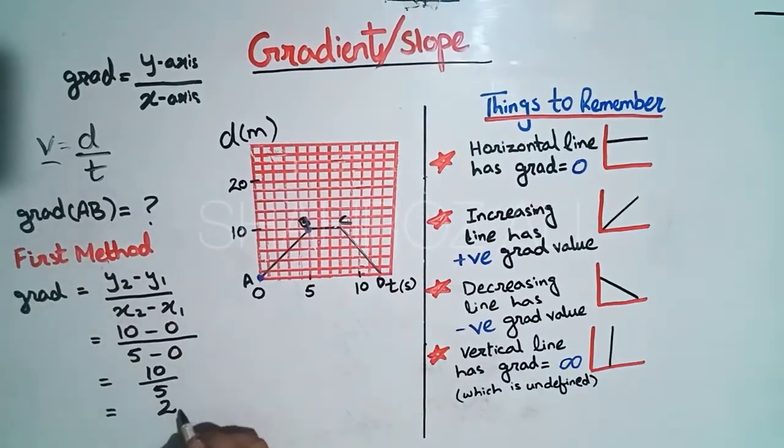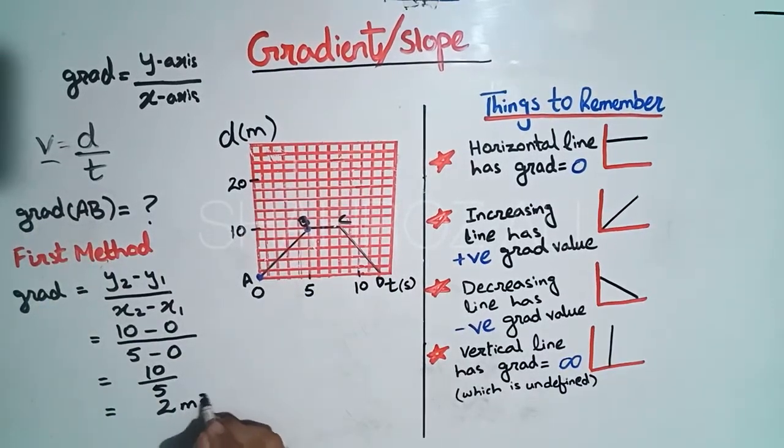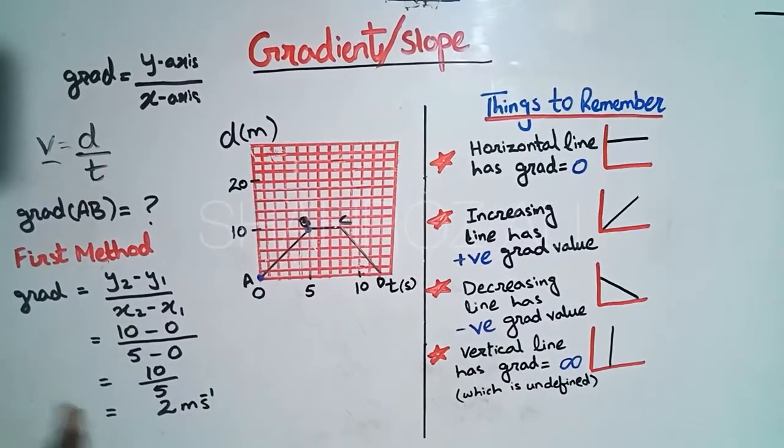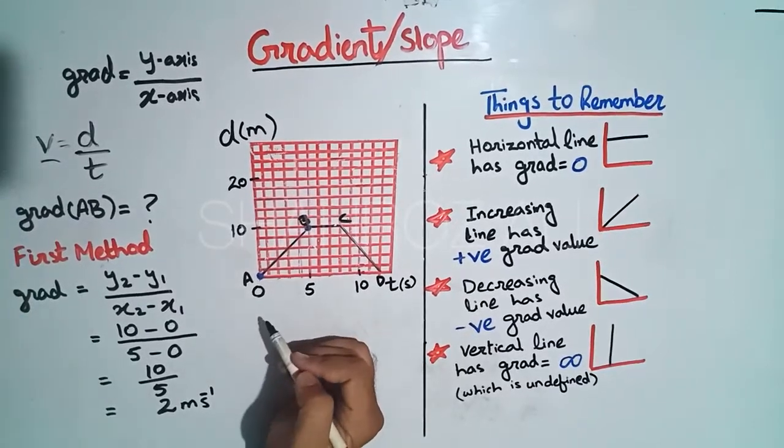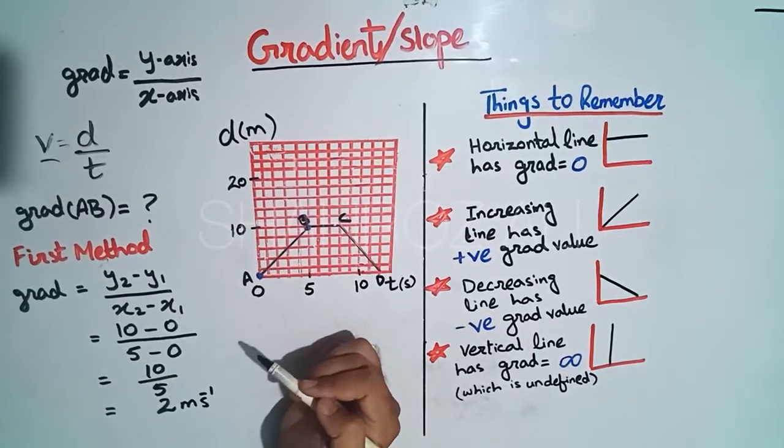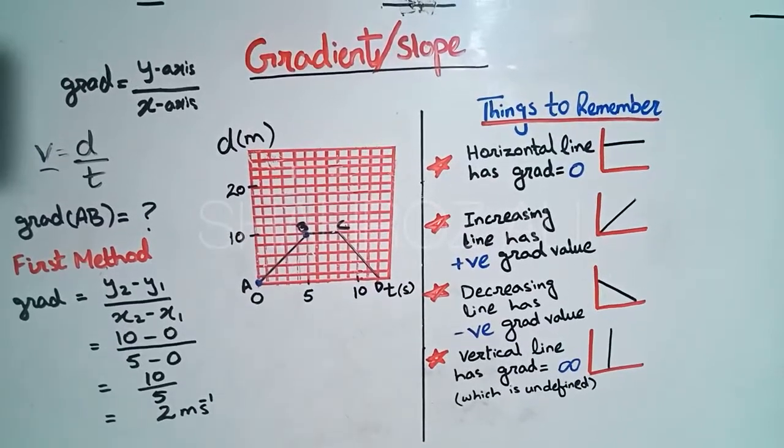So the unit of speed is meter per second, and your gradient is 2 meters per second. Gradient is known as the speed. This is the first method, and with its help you can calculate the gradient easily.